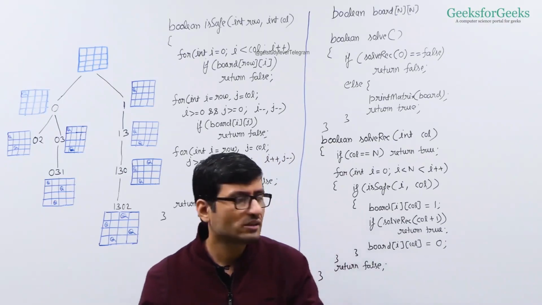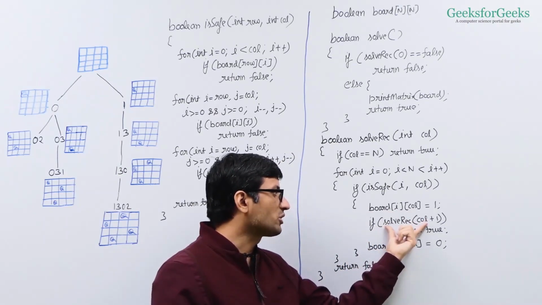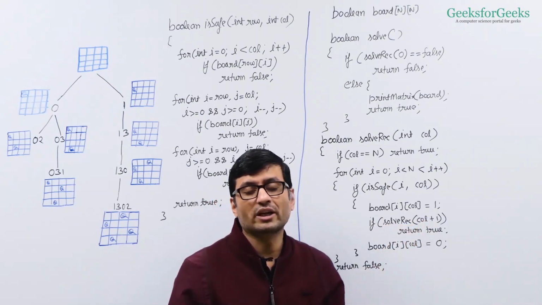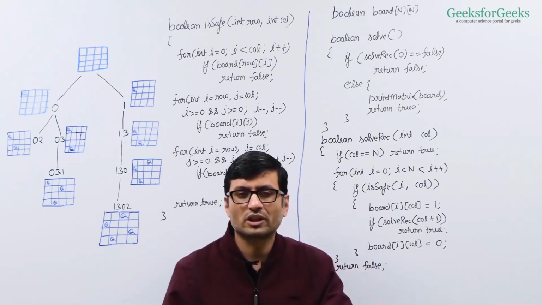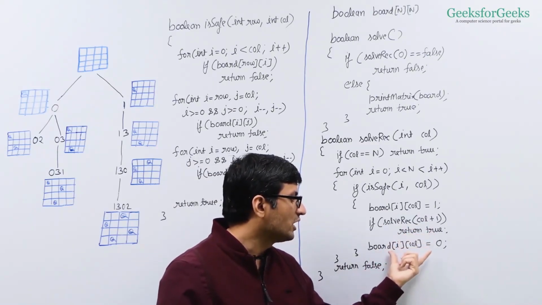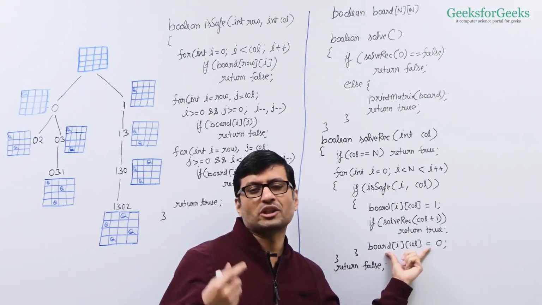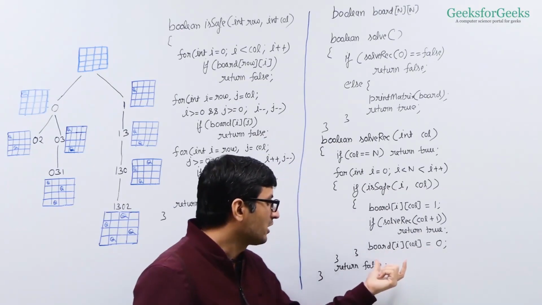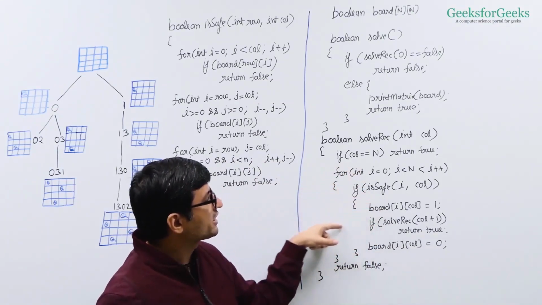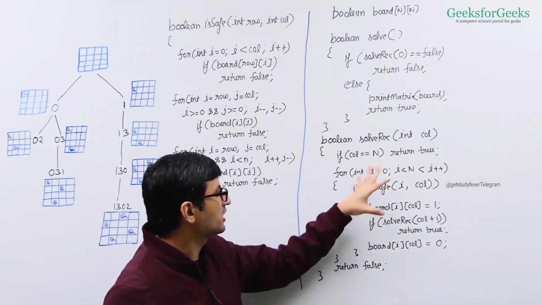If we can, then it places the queen, and after placing the queen, it calls recursively for column plus 1. If this recursive call returns true, then it returns true. If this recursive call returns false, then it removes the queen from this particular place, and that's what is called backtracking, right? And it continues with the next iteration by placing the queen in the next row. So this is how this recursive function works.